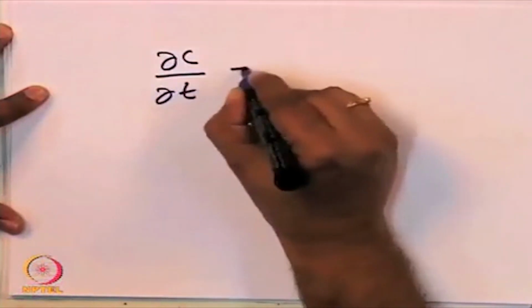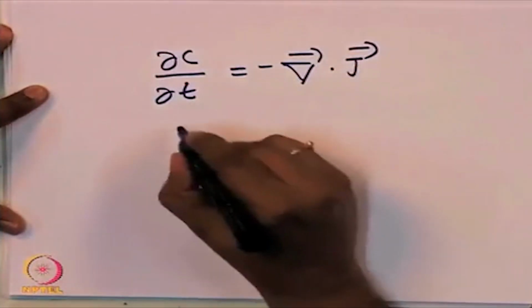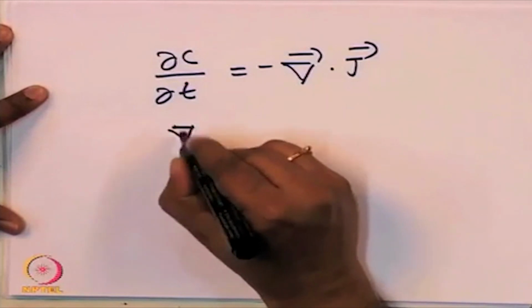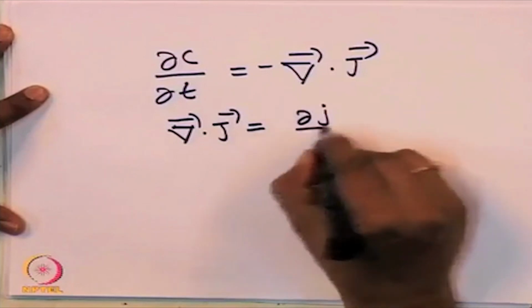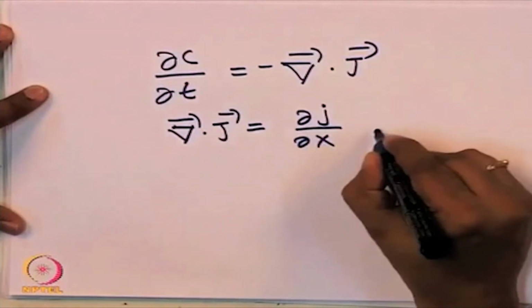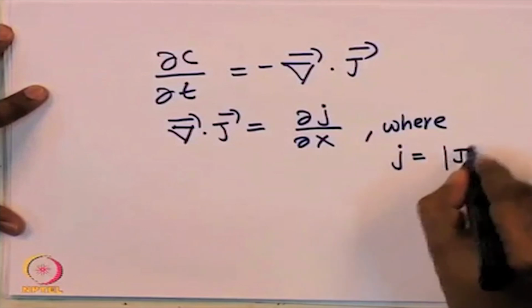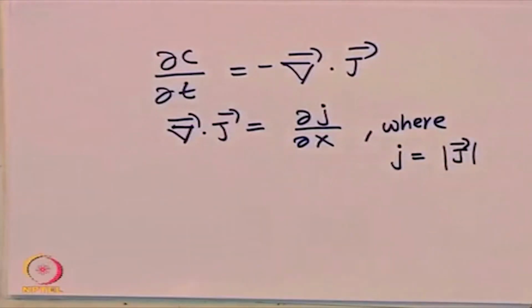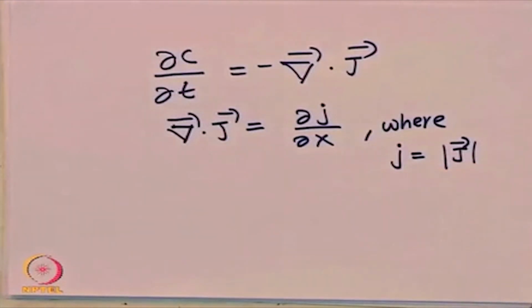What we had is a continuity equation, which essentially said that del C by del t is minus del dot j, and we said that del dot j is del j by del x, where j is the magnitude of the j vector, whatever the magnitude is, we call j.